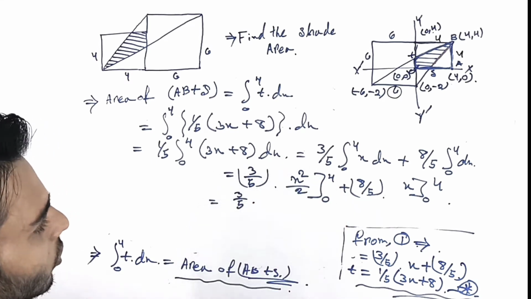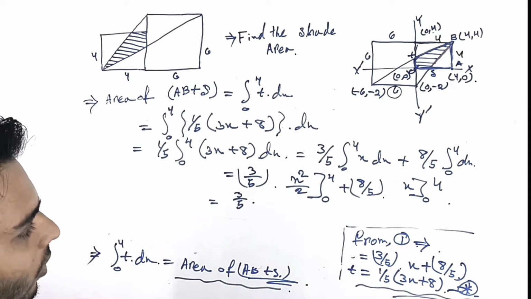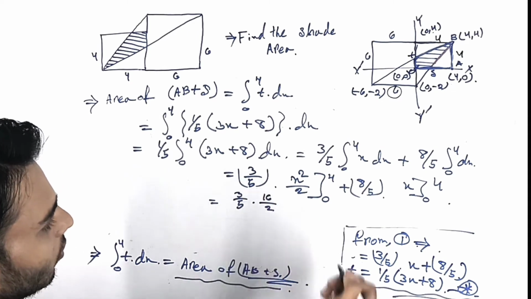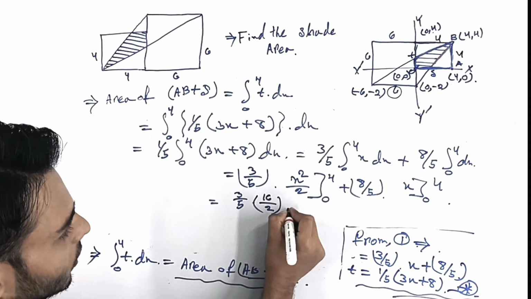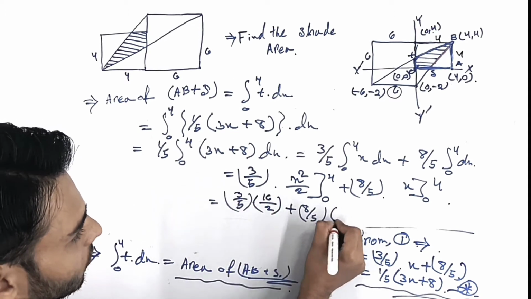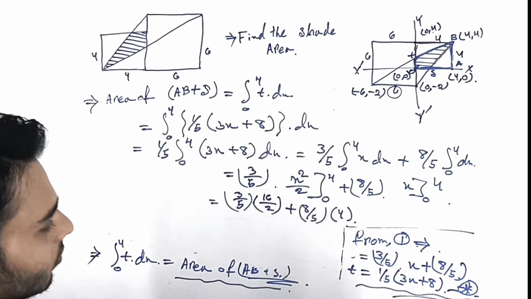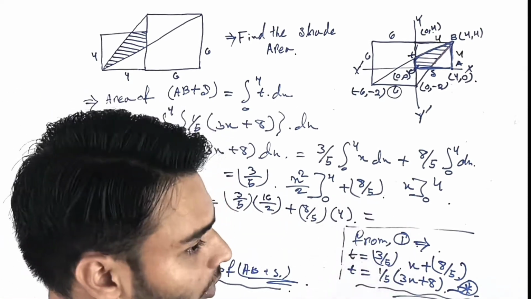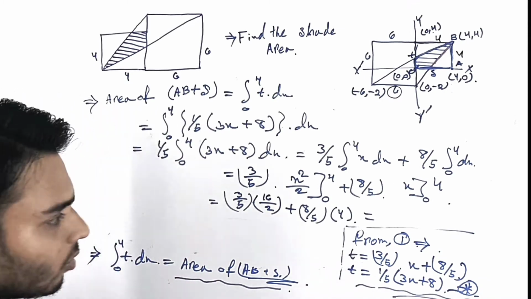So now the 4 is important: 3 by 5 times 16 by 2, plus 8 by 5 times 4. And now simplify this portion, so it's also t of this area.